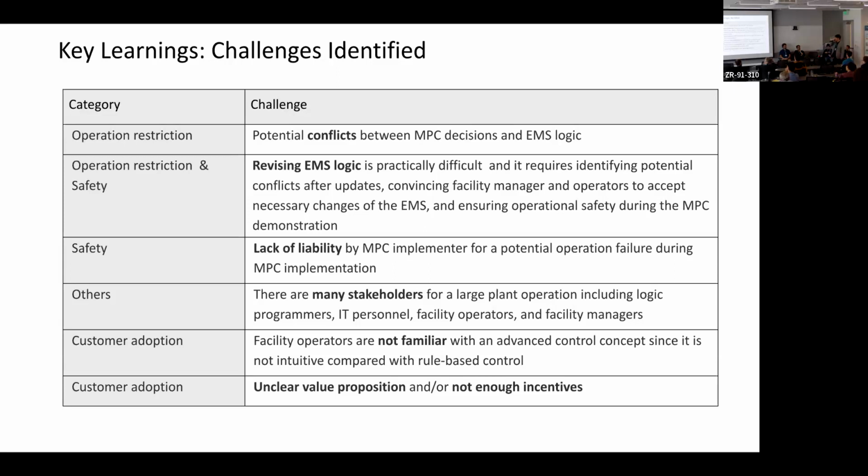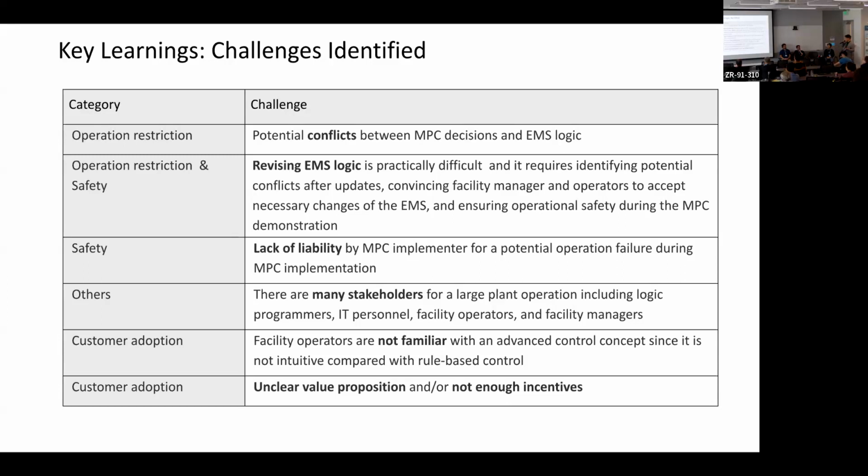Facility operators are very conservative, and if we ask them to change one logic in their energy management system, they have to test whether the modified sequence is okay or not. So you can imagine how challenging revising EMS logic in favor of advanced control is.